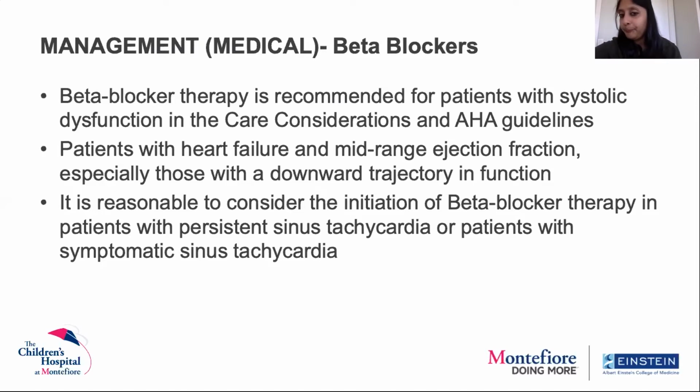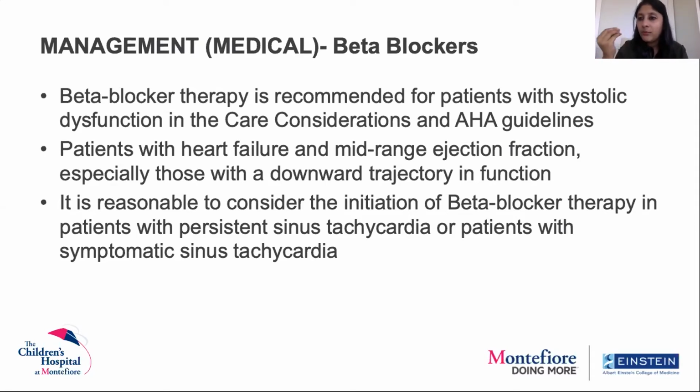So, beta blockers are often started once we start to see that their heart function is getting worse. Patients who have heart failure, who have a reduced ejection fraction, or EF, you must have heard of that word in heart failure literature. EF, or ejection fraction, is basically how much your left ventricle is squeezing.